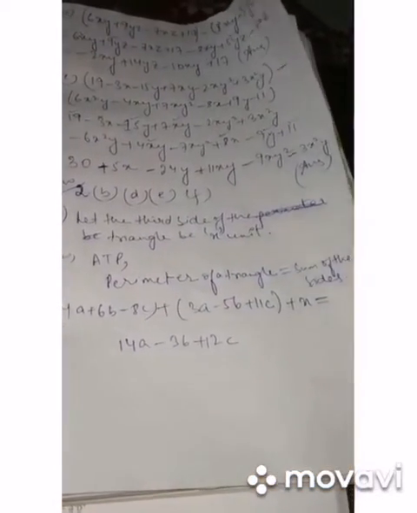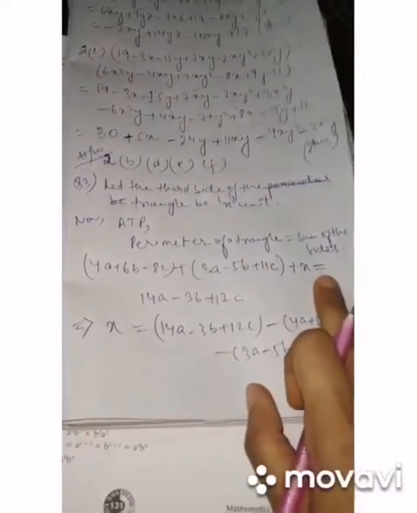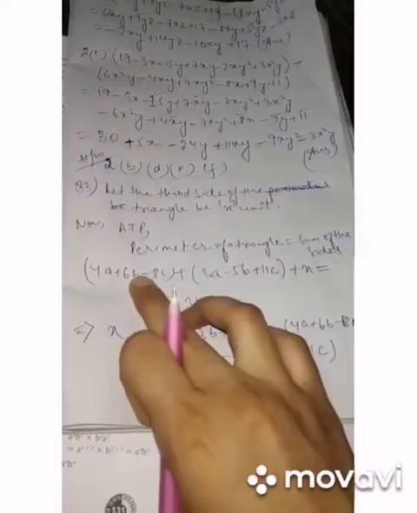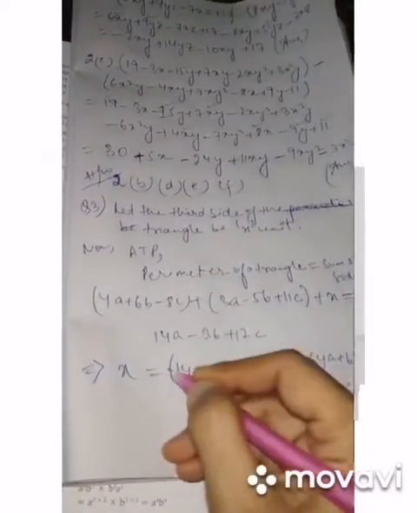Like x will be on one side and the rest goes to the other side of the equals to. So x will be here and equals to, and when we transfer this to the other side of the equals to, we will add a minus sign.